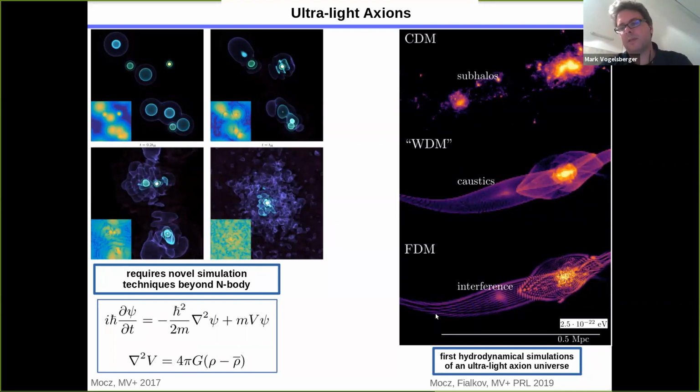So a lot of things look very different, and these models are numerically not very well studied yet. Philip has done, in a recent PRL, some studies of the first structures in the universe in these ultralight axion models, where he also coupled this to hydro.